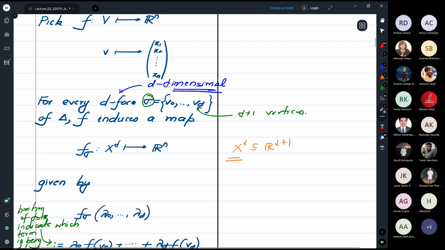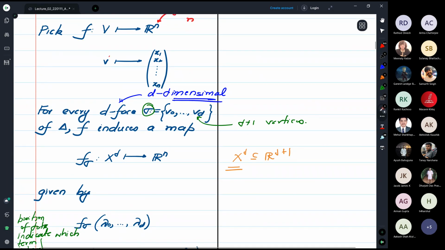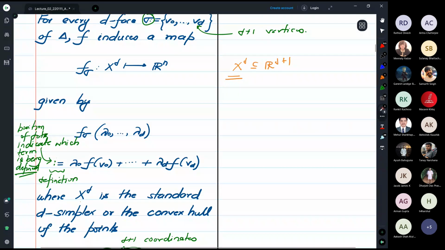And recall, this function f over here associates to every vertex v an element in Rn. So this is a real value, multiplied to a vector in Rn, so this entire thing will be an element in, not Rn plus 1, but rather Rn. So this is a real number, and this belongs to Rn.